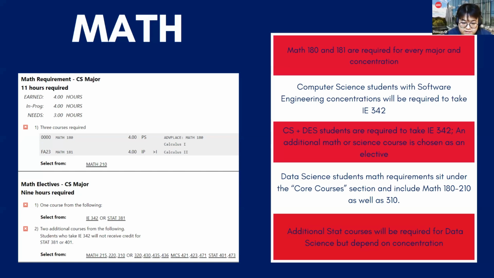Computer science plus design majors are required to take IE 342. You will also have the choice of an additional science or math elective. Data science majors can find their math requirements under the core courses section. Additional statistics courses are required but will depend on the choice of your data science concentration.